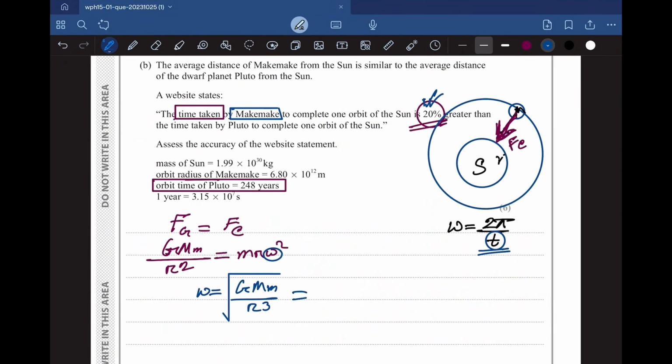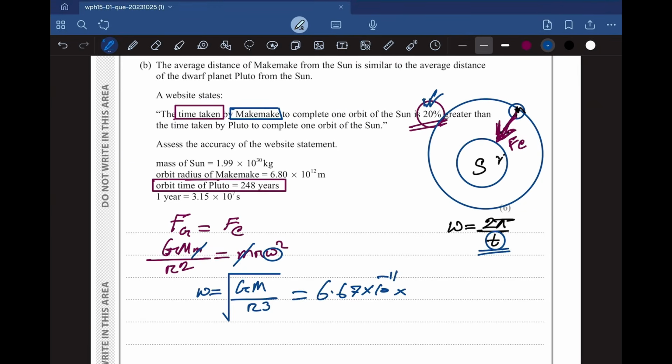So now let's do this math. 6.67 into 10 to the power minus 11 multiplied by the bigger mass. Sorry, one thing we'll have to understand is that this is not going to be GMm, my bad, extremely sorry for that. This is going to be GM, because this mass and this mass will be cancelled out.